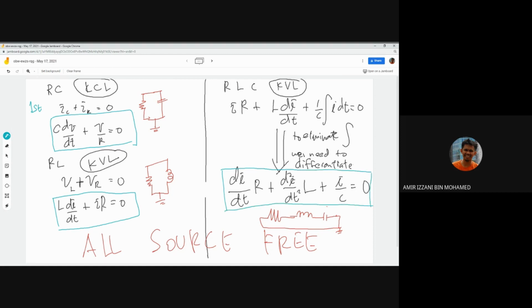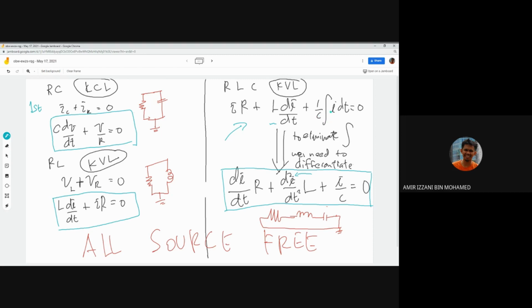You can see that in this equation, there is one term that was differentiated two times, it's from L di over dt. We differentiate this equation in order to make only a differential equation, for easy calculation.